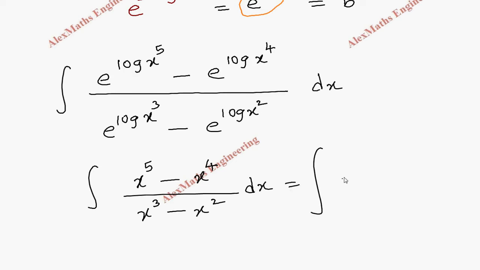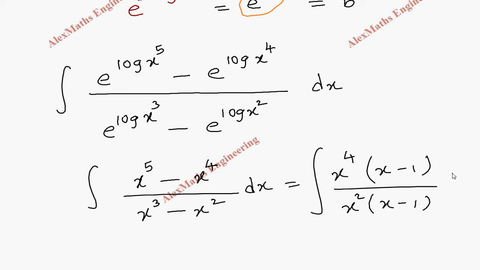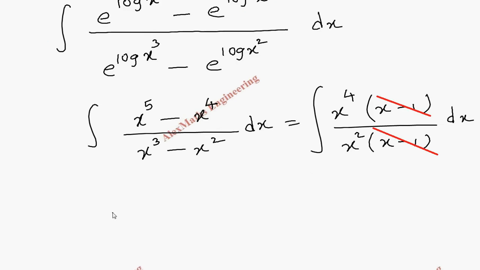Now from the numerator we can take x power 4 common, so we have x minus 1. From the denominator we can take x square common, so we have x minus 1. We can cancel both x minus 1, and after cancelling x power 4 by x square, we are left with only x square dx, and its integration is x cube by 3 plus c.